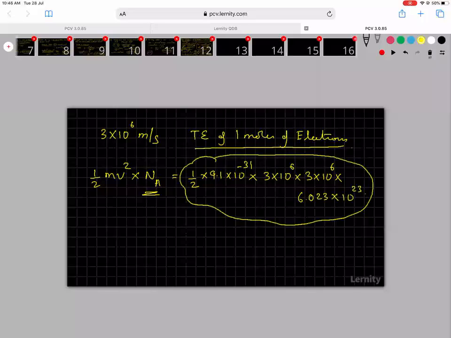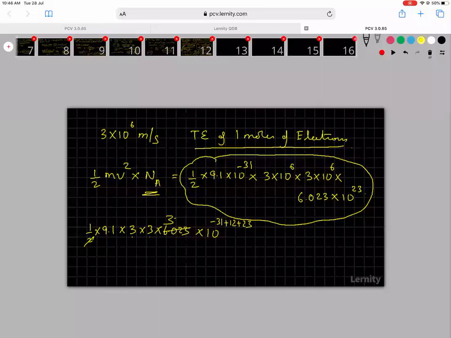So I have to find this out. No problem. So this is 23. It is equal to half into 9.1 into 3 into 3 into 6.023 into 10 power minus 31 plus 12 plus 23. So I can work this out. This is also approximately 3.